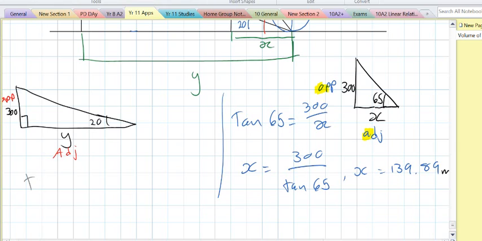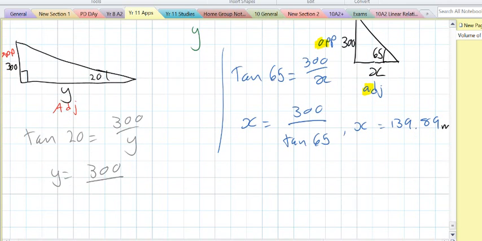So tan 20 equals opposite over adjacent, 300 over y. y equals 300 over tan 20.